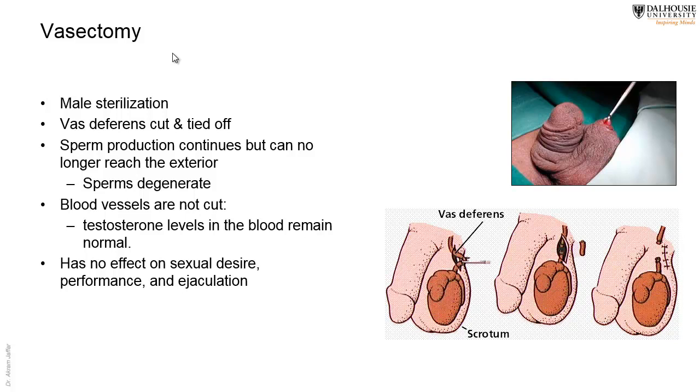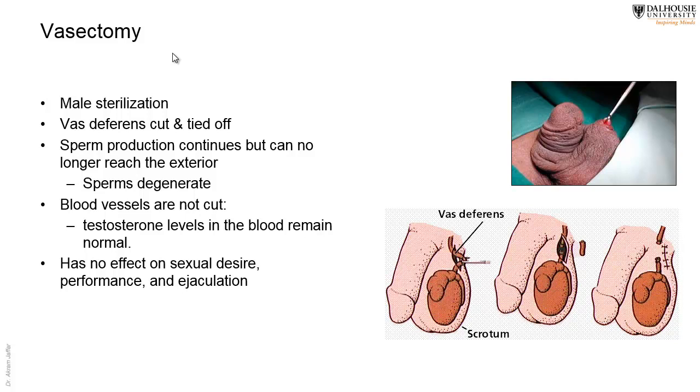It can be done through the upper part of the scrotum. It is ligated on both sides, and then it is cut. Cutting of the vas does not mean that it will affect the secondary sexual characteristics of a man, because these depend on testosterone.